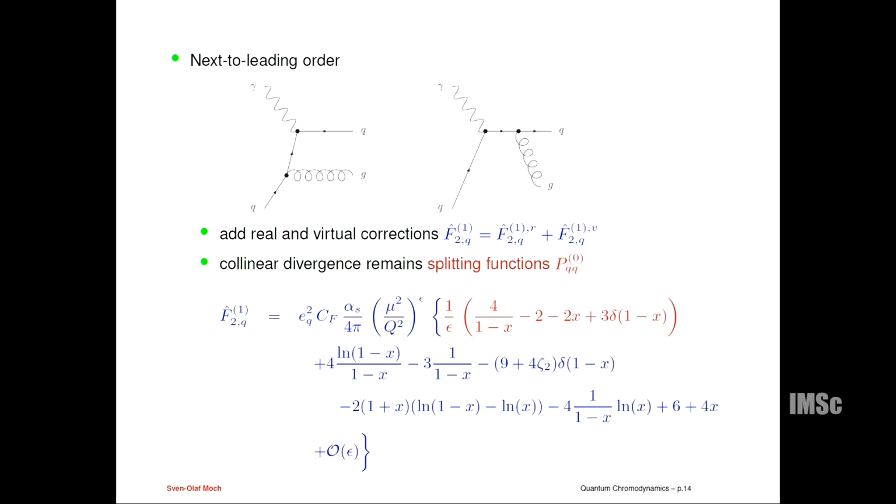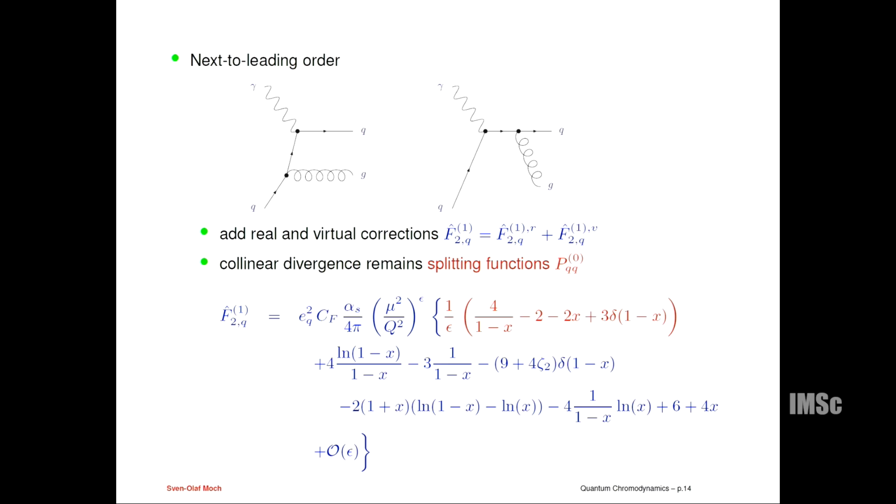This is a manifestation of what I said initially, that for scattering cross sections with initial state hadrons, we cannot, purely from perturbative QCD, get infrared finite results, but we have to work more. We have to apply this concept of mass factorization.